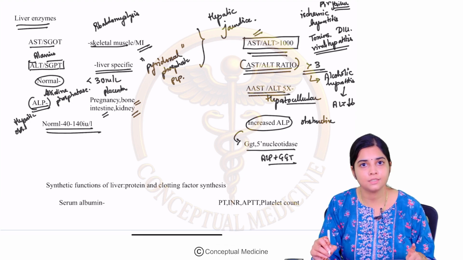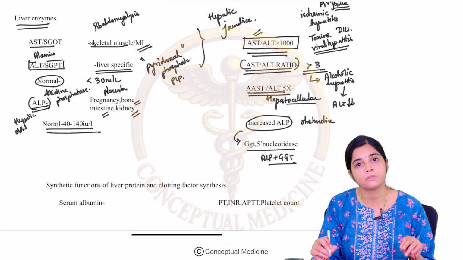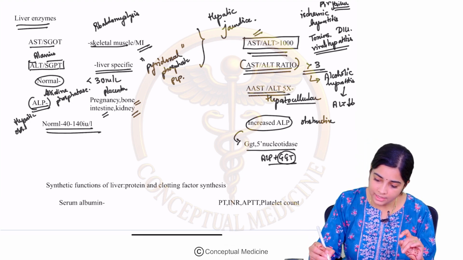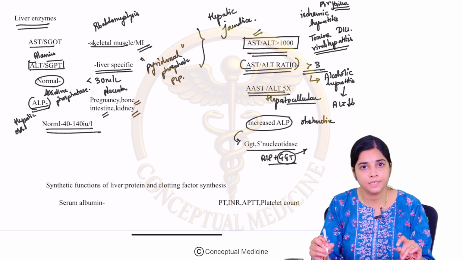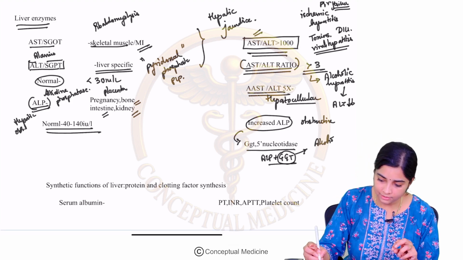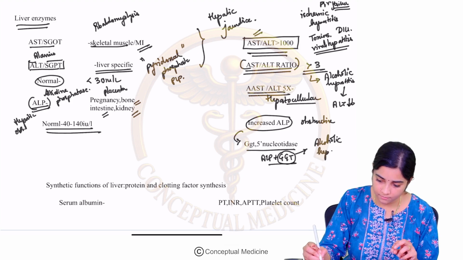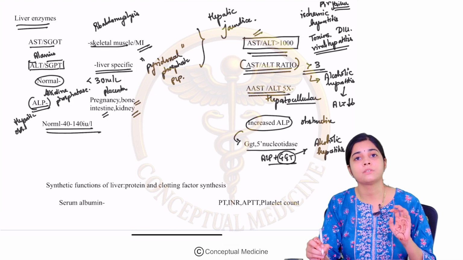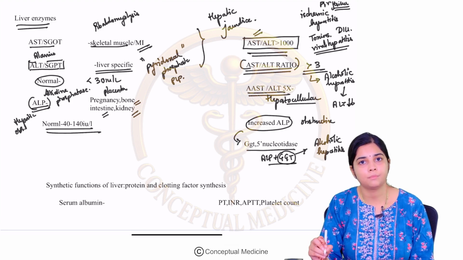What is GGT? GGT is gamma-glutamyl transferase, which is also another LFT enzyme. Many a times GGT can be much elevated along with AST-ALT elevation. This is also suggestive of alcoholic hepatitis, right? So GGT elevation alone is also suggestive of alcoholic hepatitis.